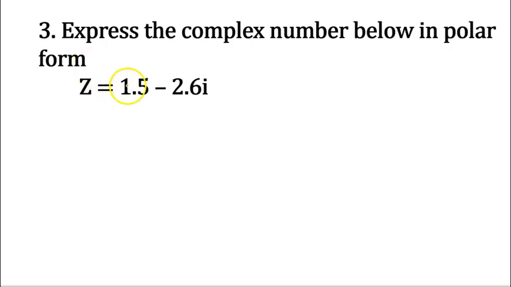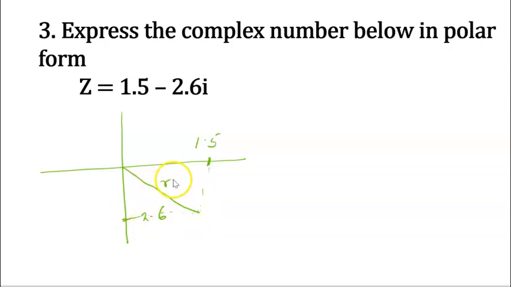Now, in this case, I have Z equal to 1.5, which is on the real axis and is positive. Let's tag this point 1.5, while my imaginary part is negative, that's 2.6. Here's my R, so in this case I'll be picking my theta this way.